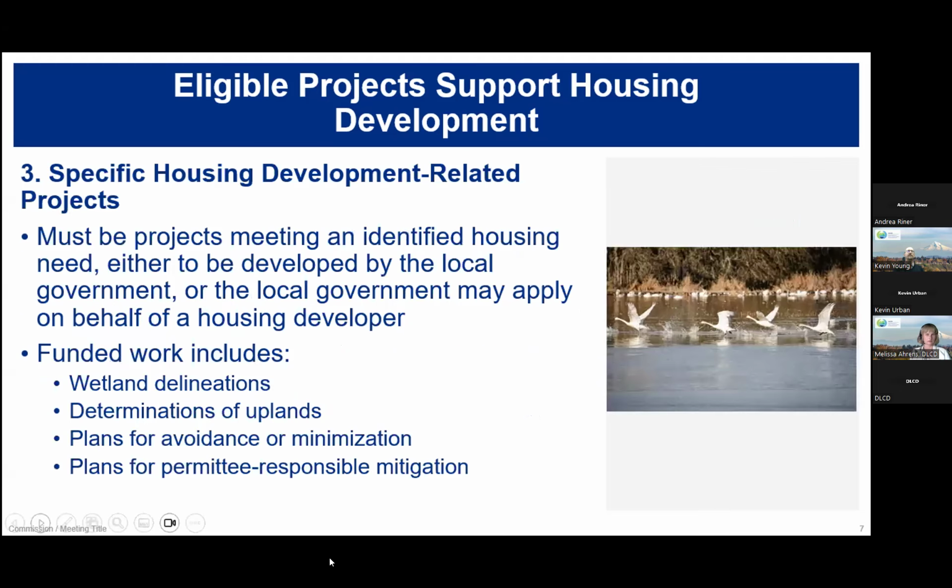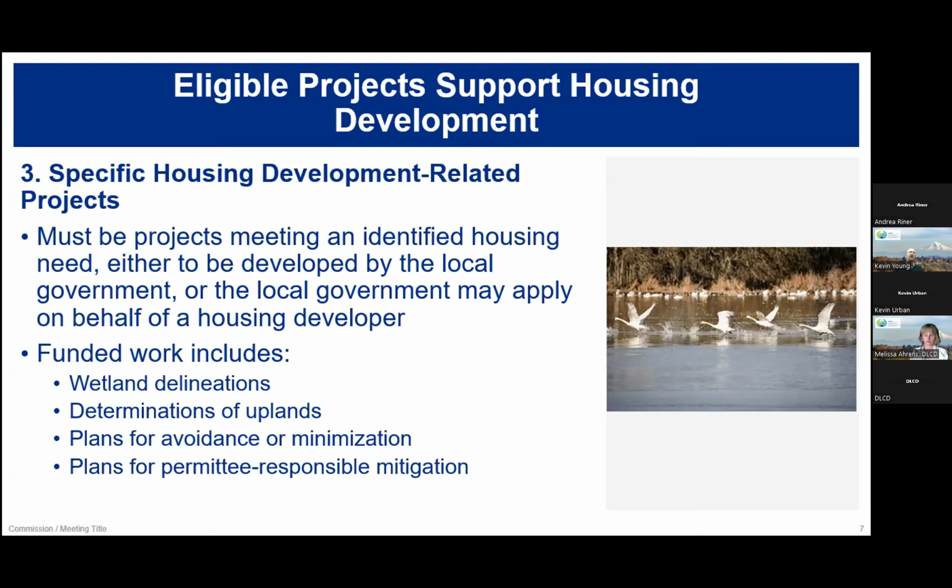Next, please. And so this other bucket is really more site-specific wetland work that needs to be done in order to expedite, or at least get over hurdles to, developing a site for housing.